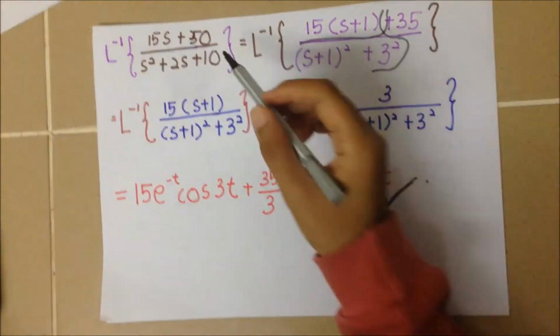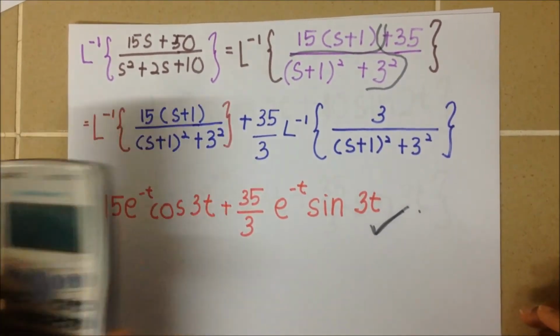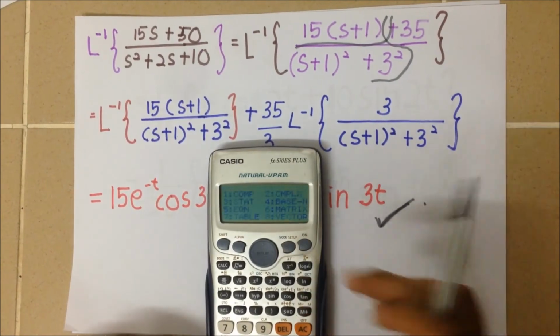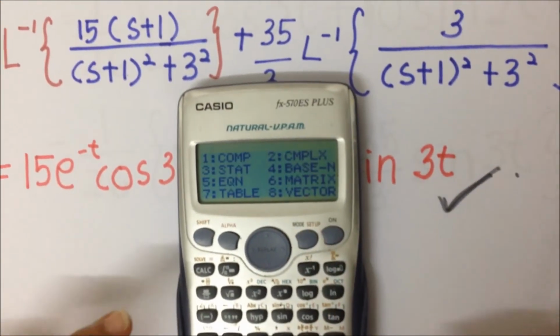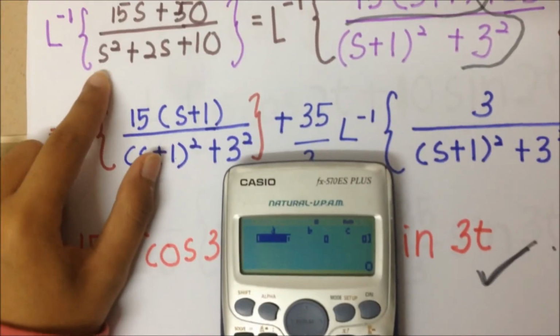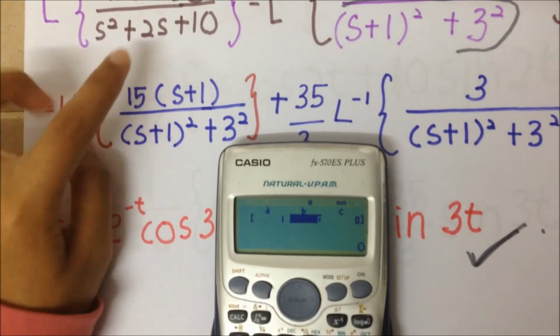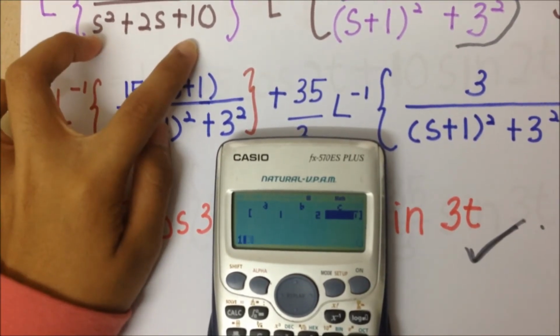Bila kita inverse lapaskan yang ni, first kali kita kena factorizekan. Dan first kita kena ambil calculator dan kita tekan S squared, 1, 2S dan 10.